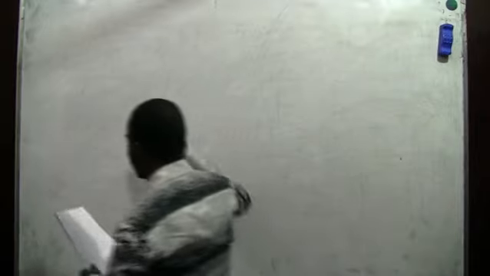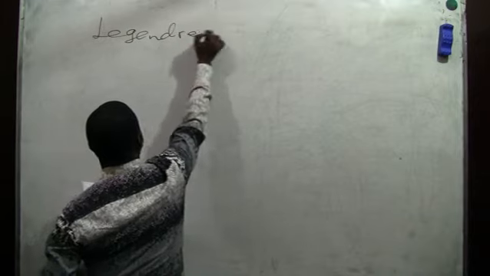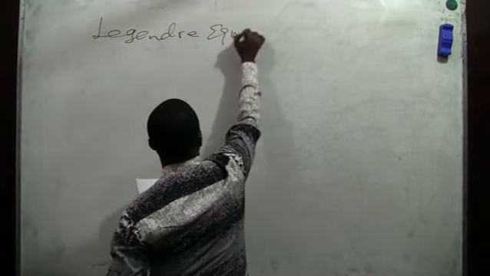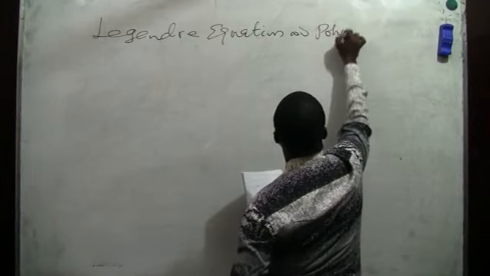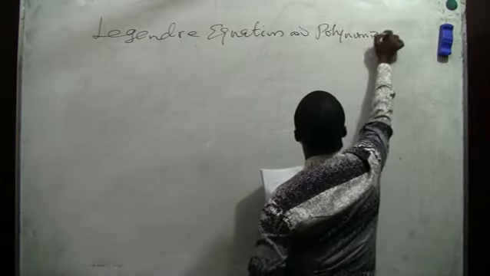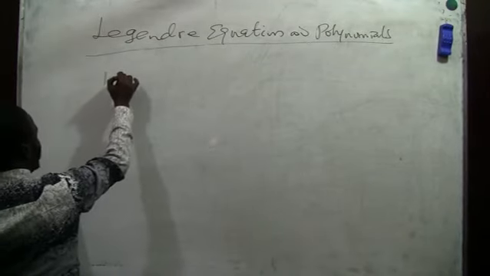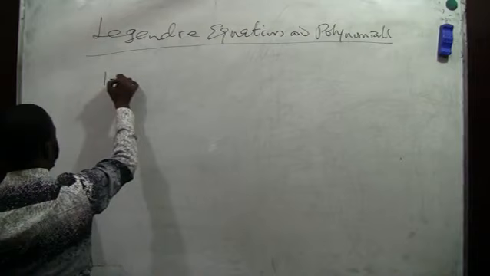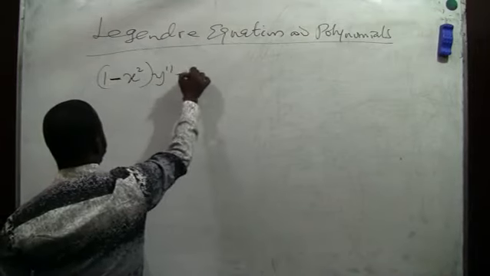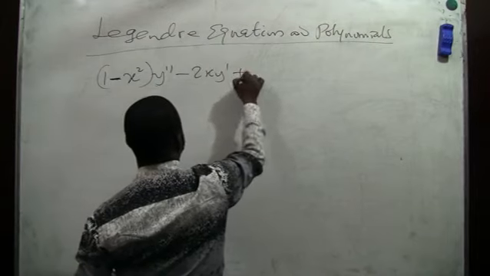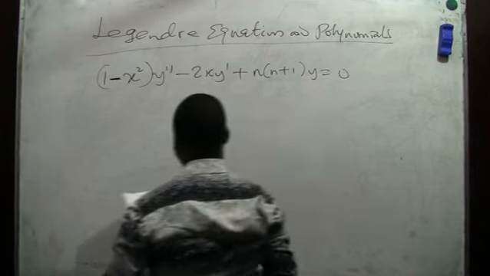In our previous class, we told ourselves that the general form of the Legendre equation is (1 minus x squared) y prime prime minus 2x y prime plus n(n plus 1) y equals 0.